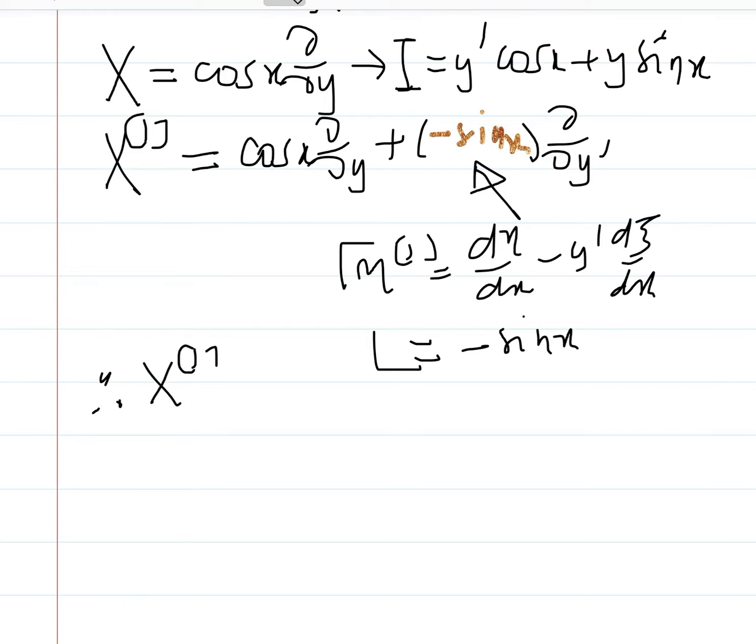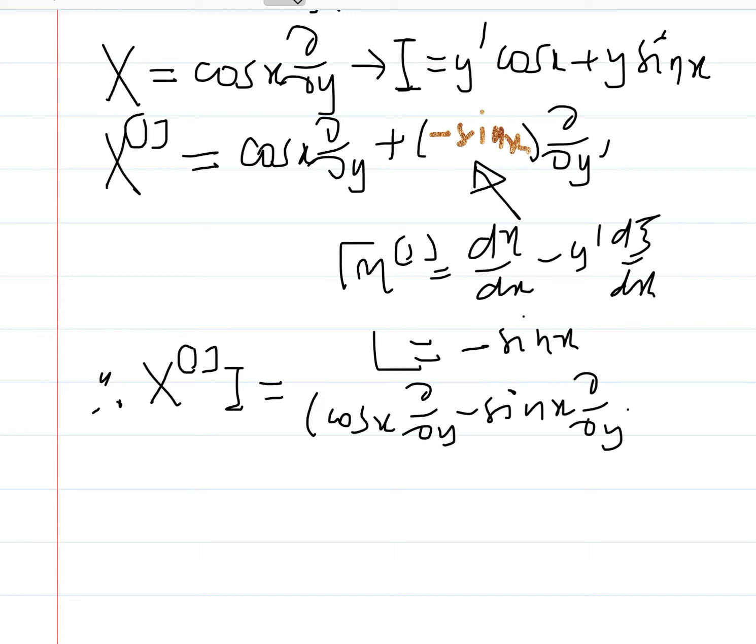That is X1. So, therefore, X1 on I is equal to, the vector field is then cosine x d by dy minus sine x d by dy dashed, operating on the function I. This is equal to cosine x times the partial derivative of I with respect to y. That means y is your variable, everything else is constant.